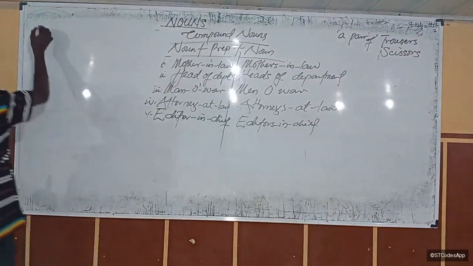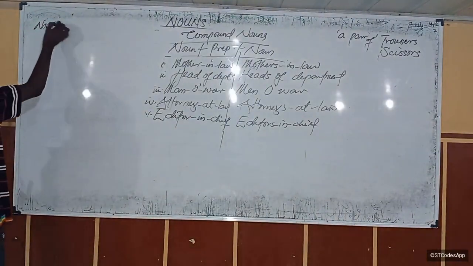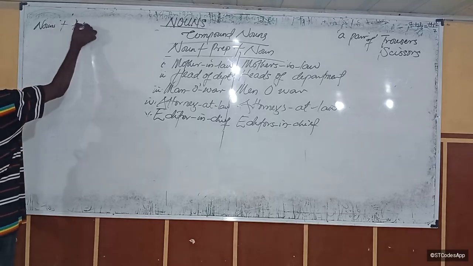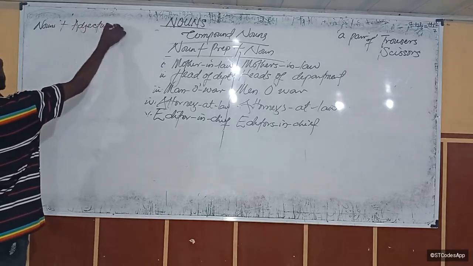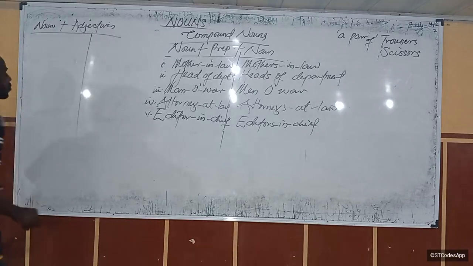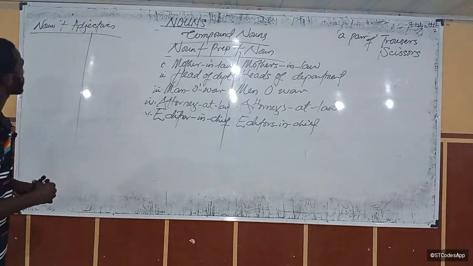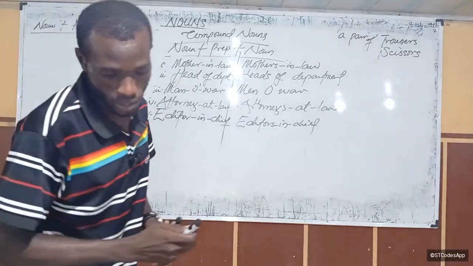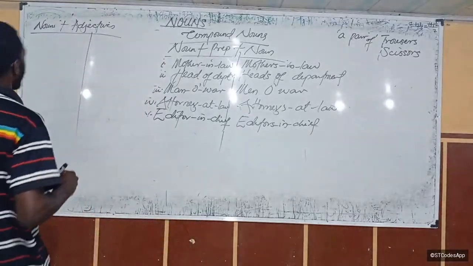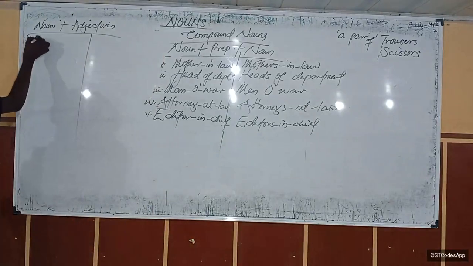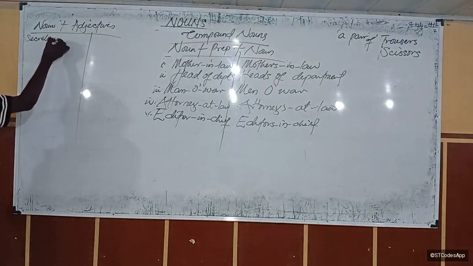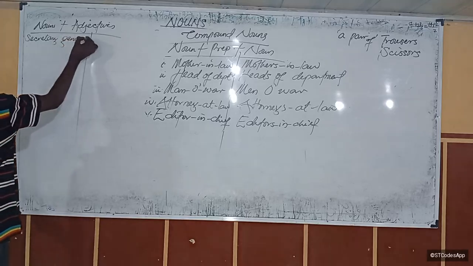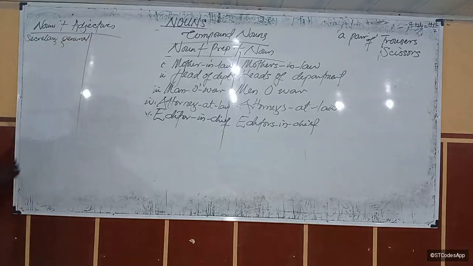So we said, now what if we have nouns plus adjectives, such as we have in the following words? We have Director General, Secretary General. What will be the plural form?